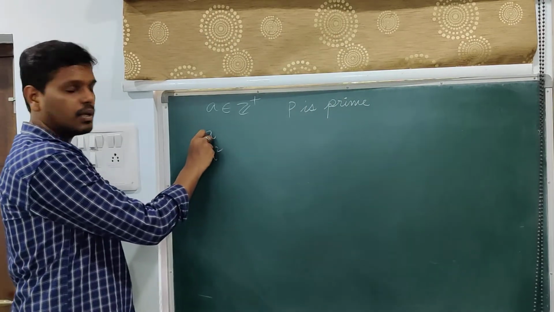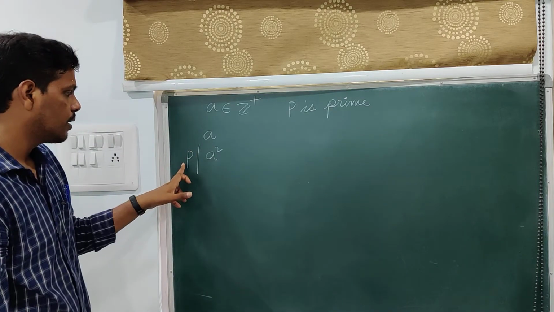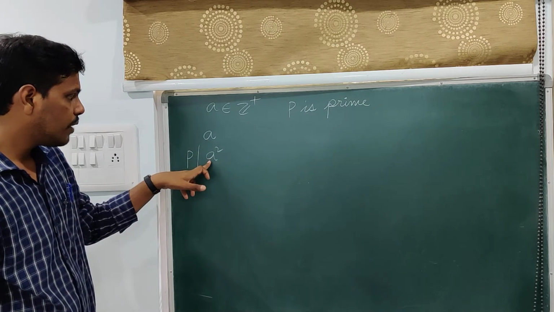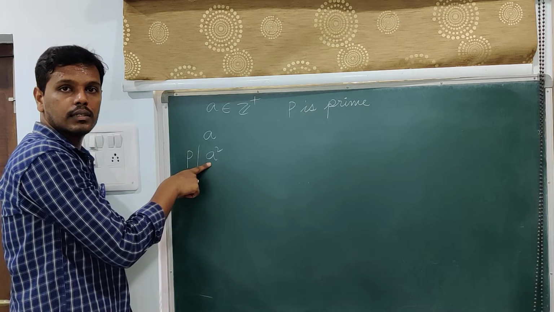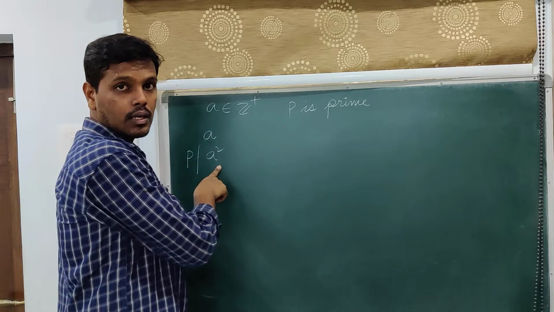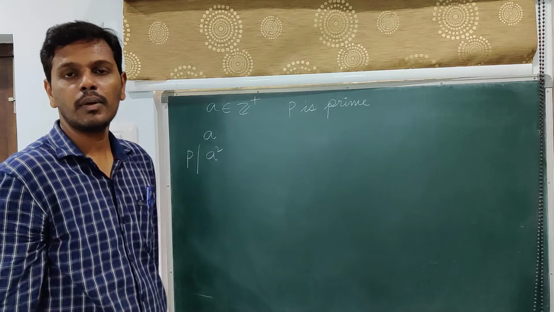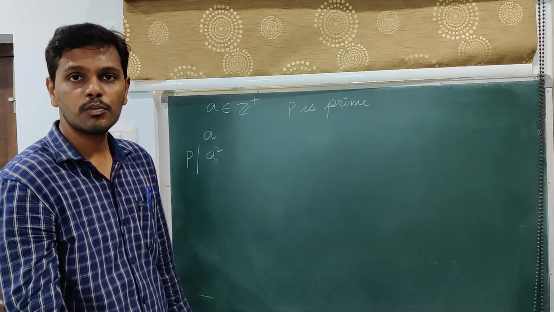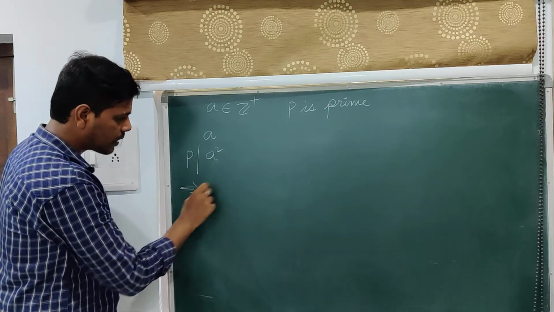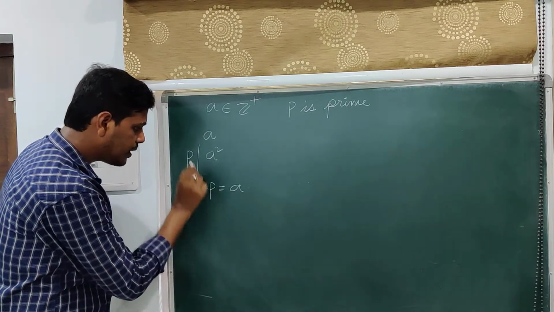So if A is a prime number and P divides A square, then P should be equal to A. If P is equal to A, then P is divisible by A, or in fact A is divisible by P. Now may I write P as P into 1?